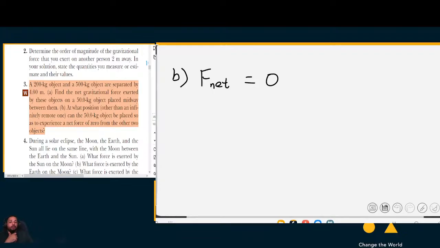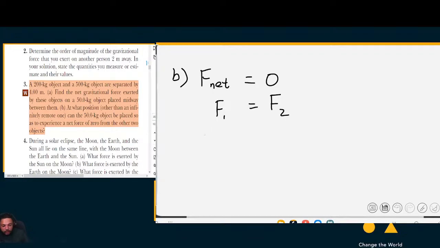So let's check. In order for F net to be zero, the following must happen. If F net is zero, it means that this force F1 should be equal to F2, but they will be in opposite directions as previously determined, in order for them to cancel out.